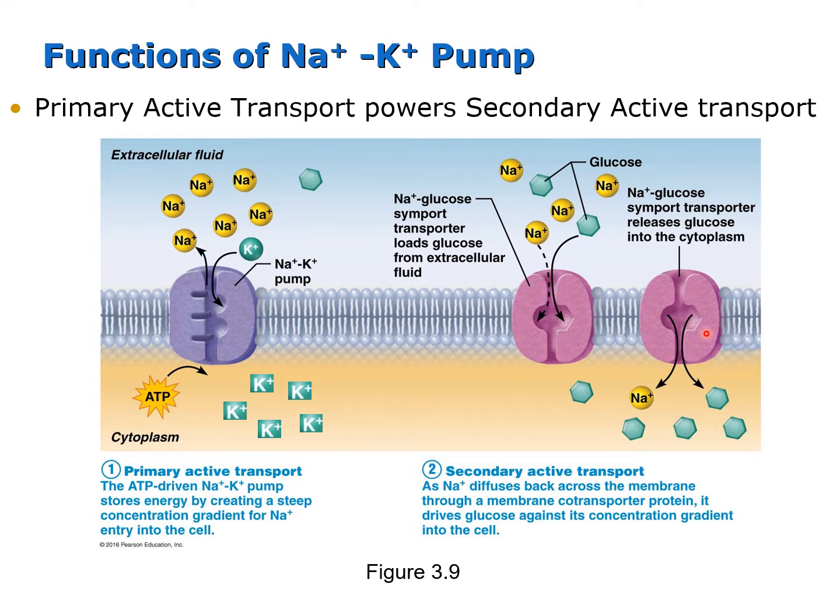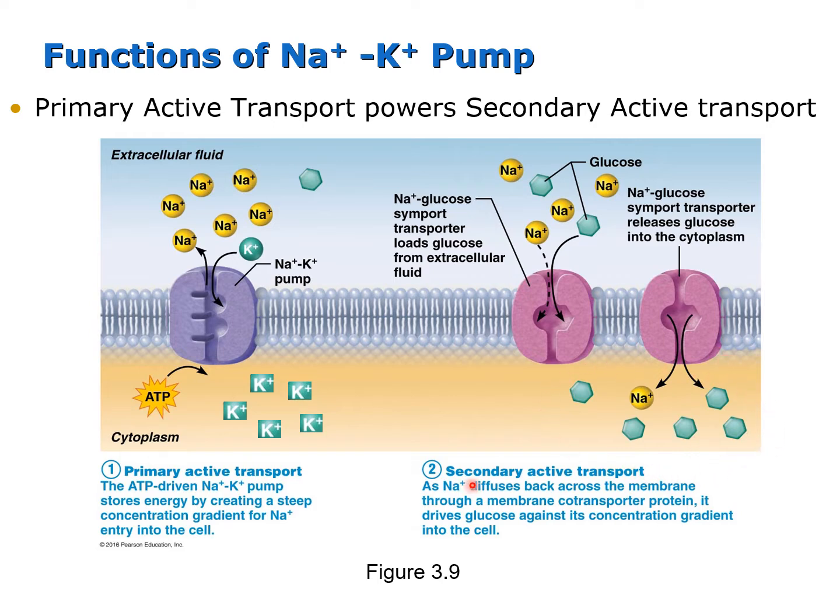And that carrier protein is going to take advantage of the fact that there's high sodium levels in the extracellular fluid relative to the intracellular fluid due to the work of the sodium-potassium pump. This carrier protein will bind sodium, and at the same time, glucose will sort of hitch a ride. And so this carrier protein will move sodium down its concentration gradient and glucose up its concentration gradient along with it.